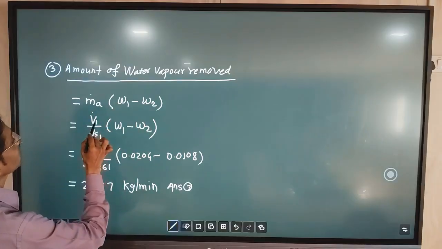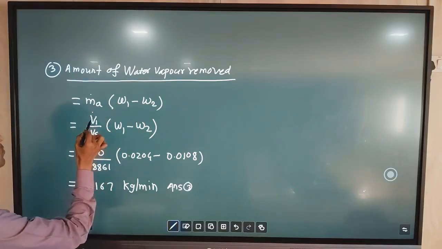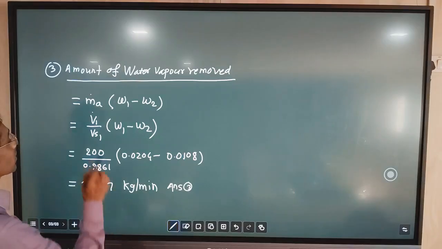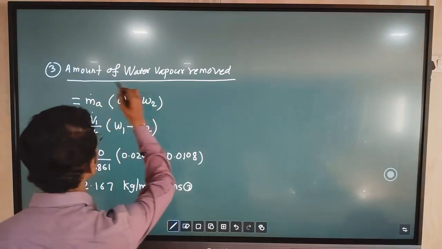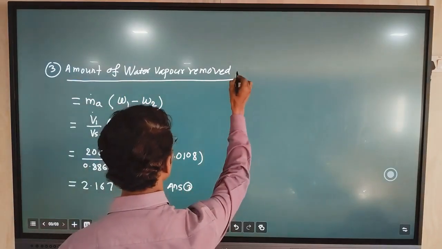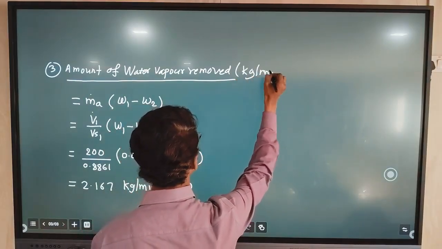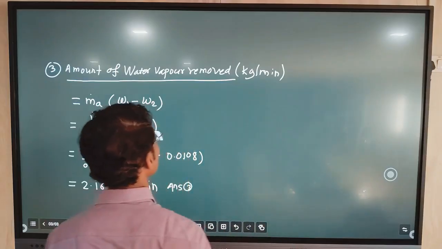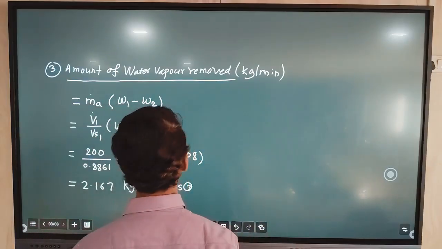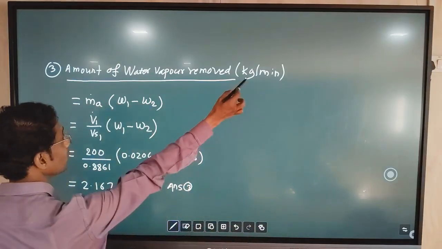M dot A is the ratio of volume flow rate to the specific volume. Now this amount of water vapor removed is asked to be calculated in a unit, kilogram per minute.